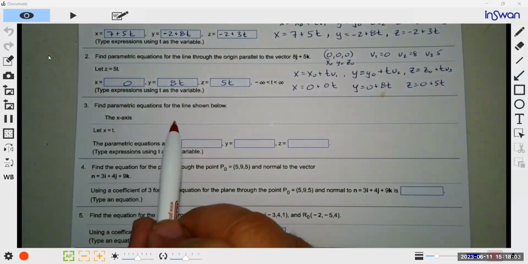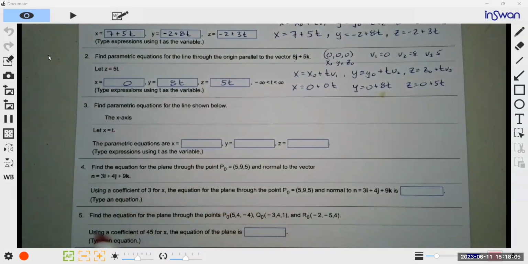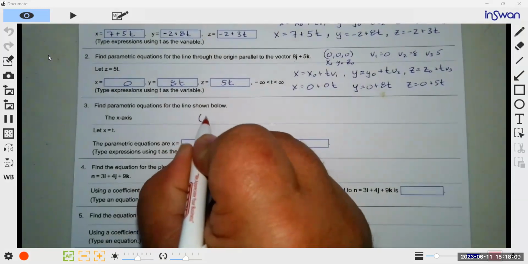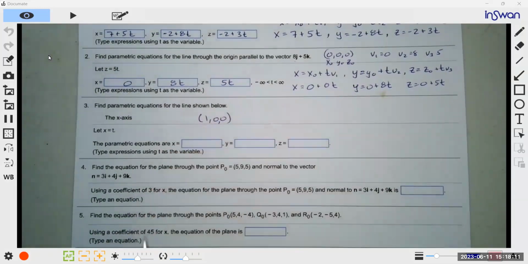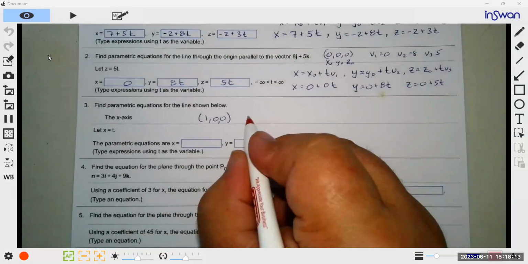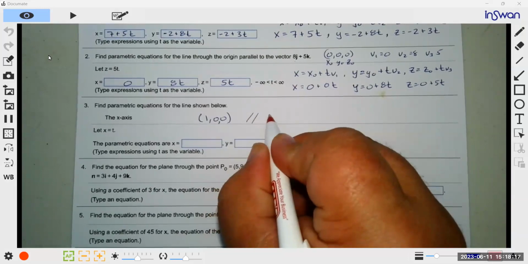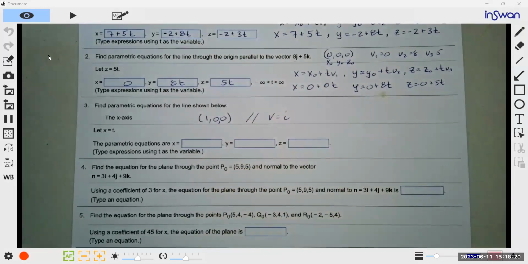Find parametric equations for the line shown, which is the x-axis. The x-axis looks like that, and it's parallel to the vector i.